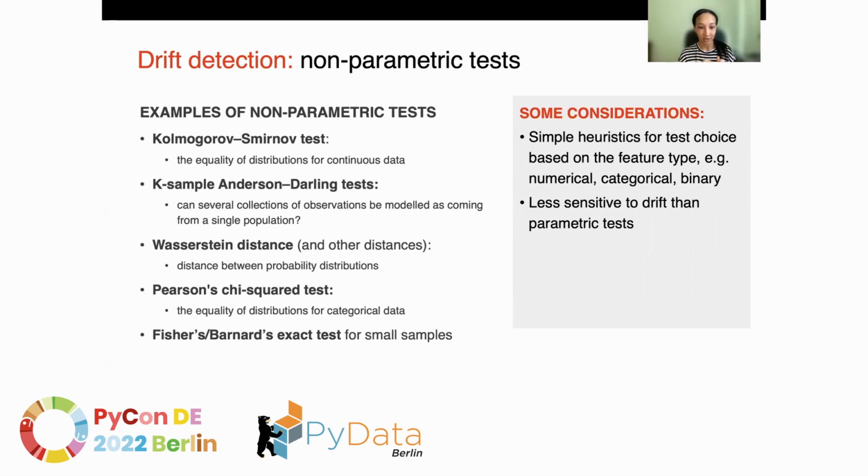So you can use distances between probability distributions, you can use some indexes, it all works very well. The only consideration here is that non-parametric tests are in most cases less sensitive to drift compared to parametric tests, which means probably you will detect this drift a bit later, but it's easier to apply and much easier to choose between different tests.